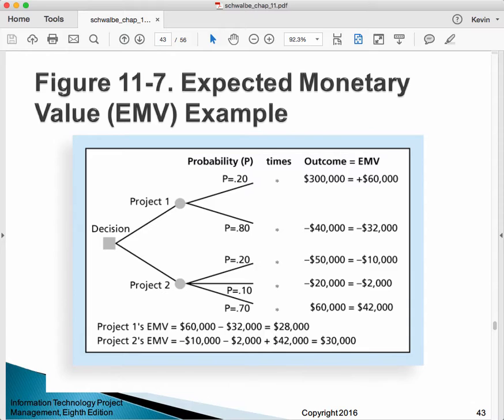Okay? Because when we look at the expected monetary value, they're pretty much the same. If one was substantially higher than the other, if project one had expected monetary value of $35,000 and project two had $30,000, well, okay. You know, it's different by a sixth.